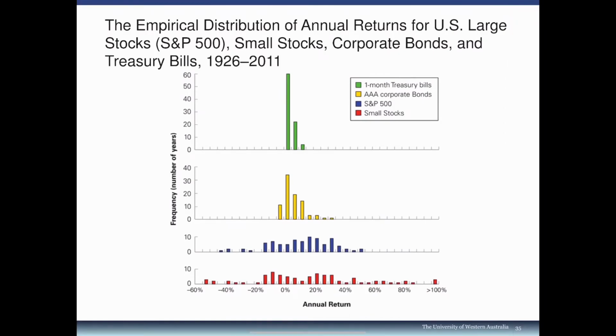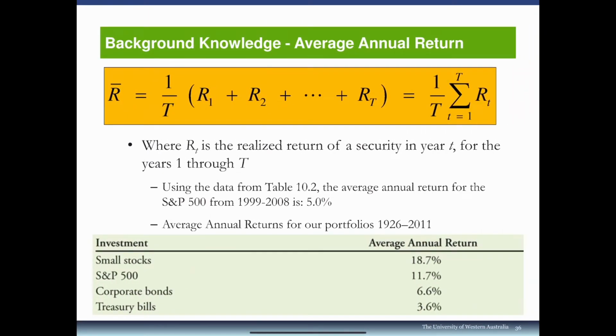That's just another background knowledge to calculate average annual return. So what can we get out of this previous graph, the distribution? First of all, we can calculate the average return. The average return we calculate based on X number of years will be small stocks gives you 18.7% between 1926 and 2011.